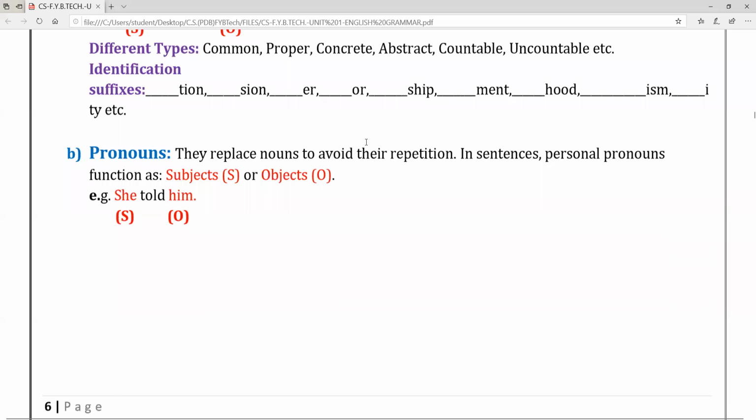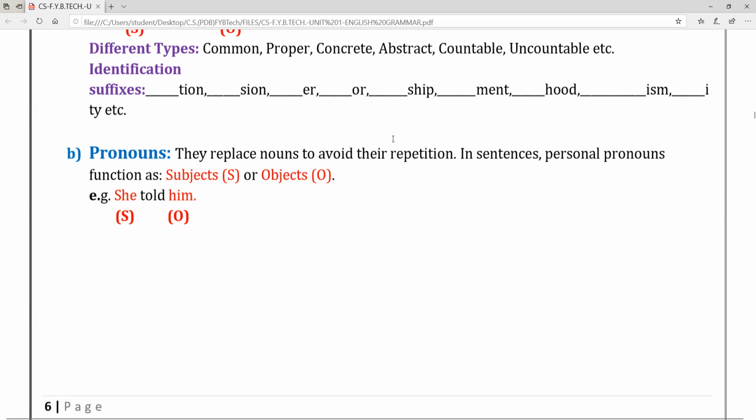If we are describing something, say a tiger: tiger is a mighty animal, tiger is a beautiful animal, tiger has stripes on his body. When we repeat the word tiger many times, it becomes very monotonous and boring.